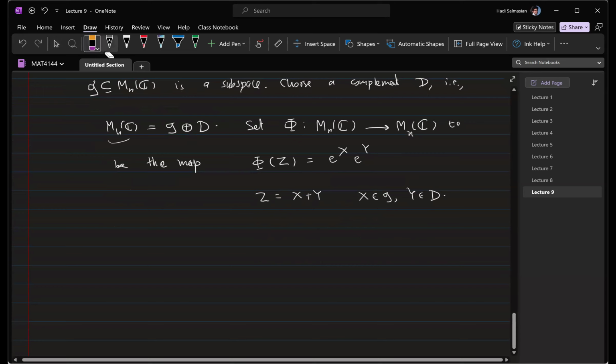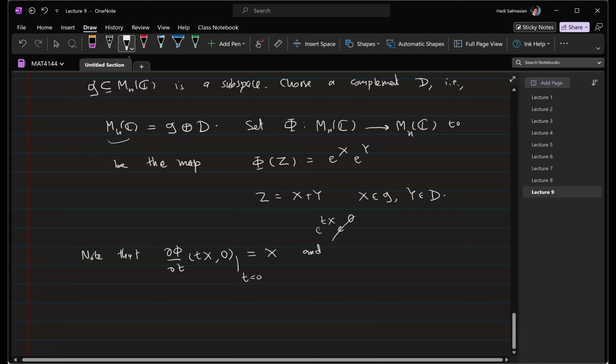So note that, if I differentiate this along the line tx, so this is the partial derivative along direction x, what I get, and I do this at t equal to 0, is the derivative of e to the tx times e to the 0, which is identity. But the derivative of e to the tx will be just x.